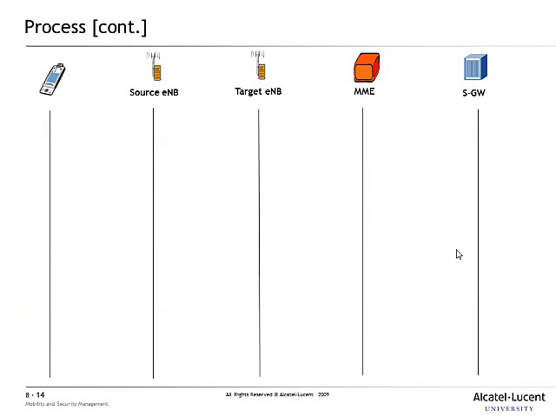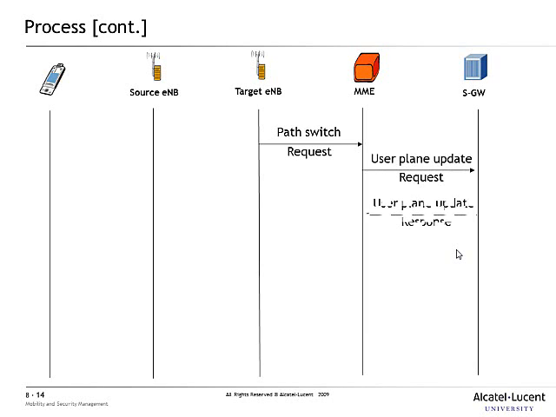A new signaling link will be established, and then the target eNodeB will inform the MME, look, we need a path switch here. We need to switch the path through the target eNodeB, and the MME will inform the serving gateway, look, the user has changed cell. We need to update this in the UE context, and the user plane will send a response back confirming it.